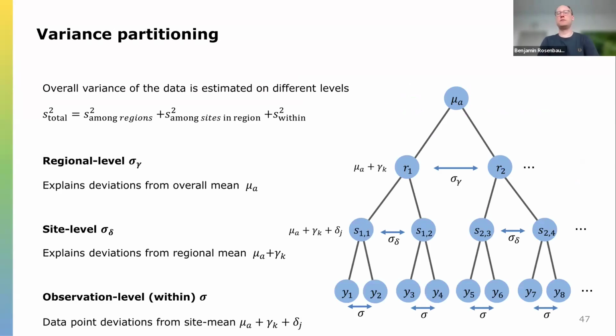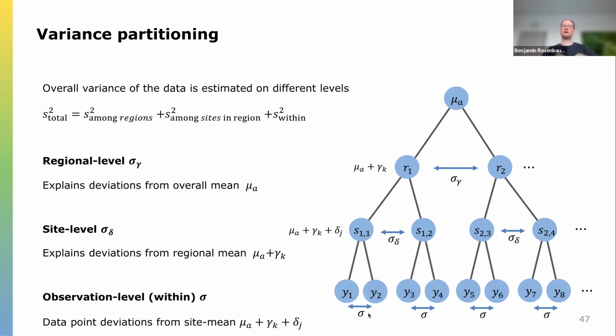You can, if you want, look at this again in this hierarchical framework. Here we have the overall mean. Then we have a region level deviation, which is associated with its own sigma. And then here you have the site level deviation from the regional mean, which is associated again with a site level sigma. And finally, you have the observation level deviation from this prediction here.